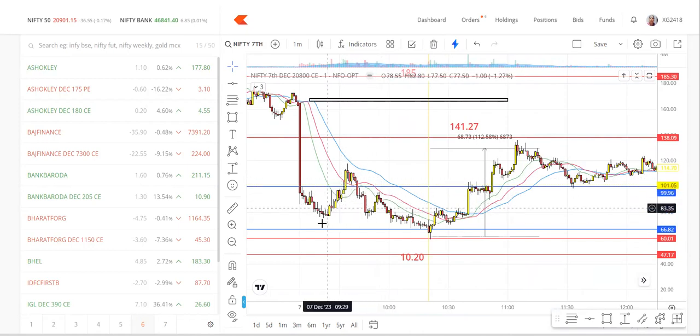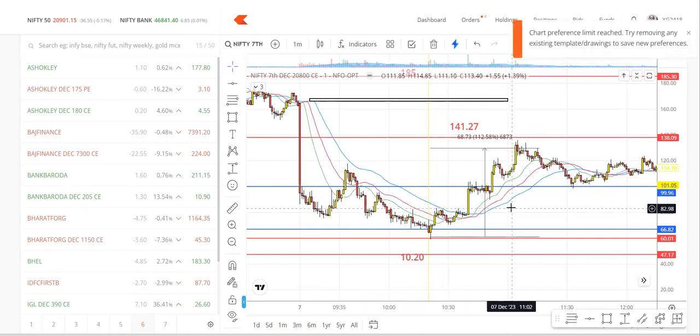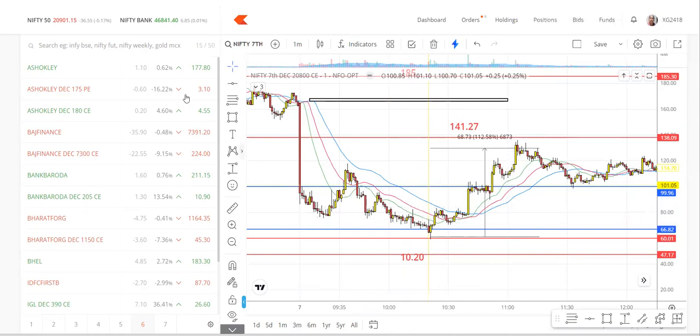See, till now, even though it reversed here, there was no reversal on the moving averages. Only here crossover happened, and the alignment of the lip, teeth, and jaw came in the Alligator indicator. In this way, you can take trade and make profits.